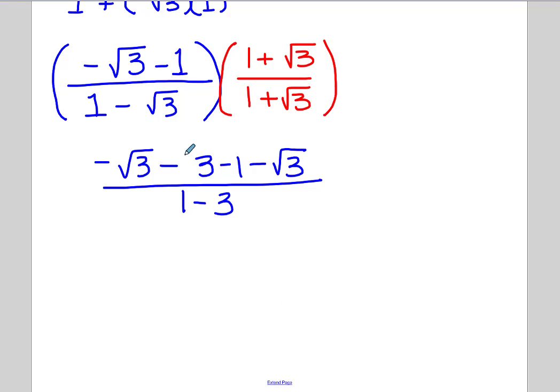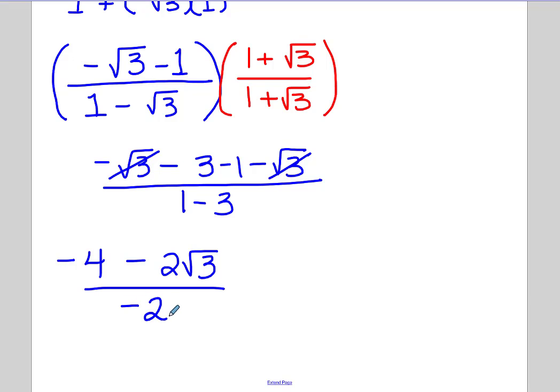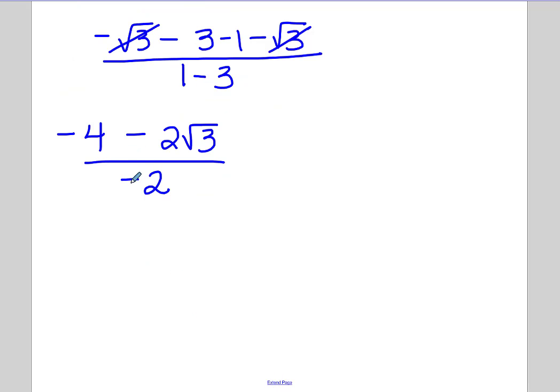And then combining like terms, it looks like we have 2 negative radical 3's and then minus 4. So negative 4 minus 2 radical 3 divided by negative 2, and then bringing that negative up to the numerator and simplifying. 4 divided by 2 is 2, and then 2 radical 3 divided by 2 is positive radical 3.